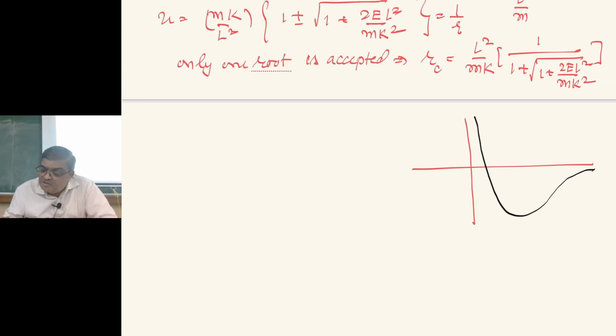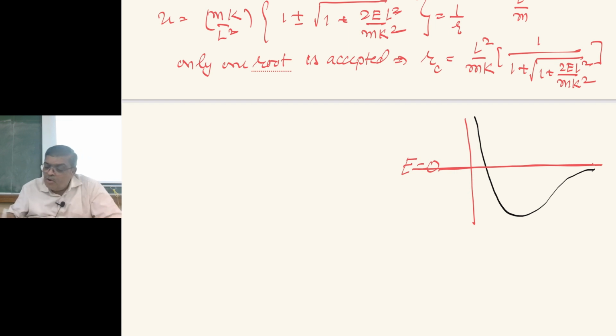So now what happens? I've already considered the case of positive energy. Let us lower the energy a little bit. So let me take the energy to be exactly along this horizontal line. So that means my E is equal to 0. So what happens when E is equal to 0?